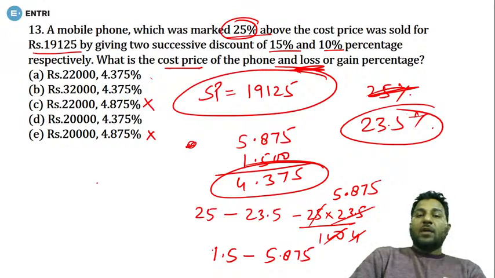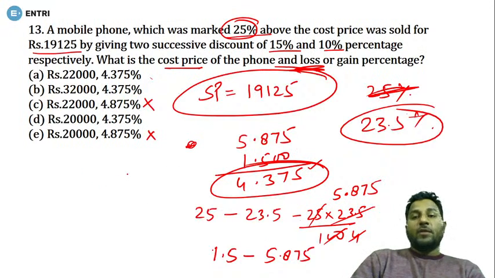So tell me how you are going to solve that. Overall, we had 4.375 loss. Yes, 2000 is absolutely correct. We have already figured out the loss, but there are three options which are matching.